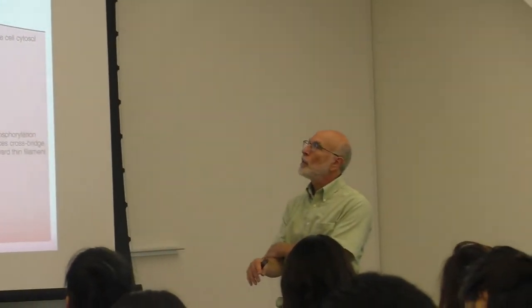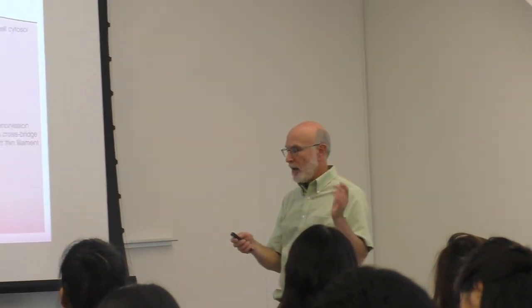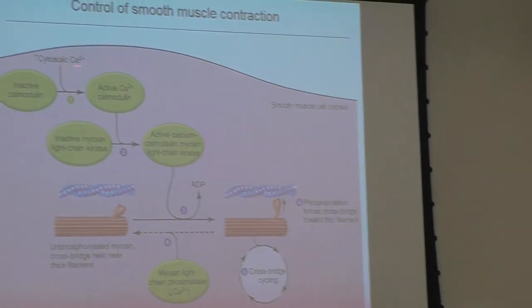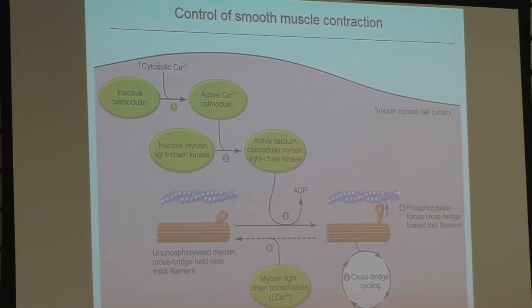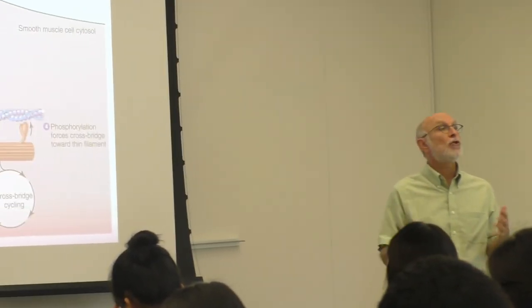So some of you could be wondering, okay, fine, great, whatever. How did we get this increase in cytosolic calcium? I'd like you to take what you know about G protein coupled receptors and cardiac muscle and give me two ways that smooth muscle could increase cytosolic calcium when it is triggered to contract.